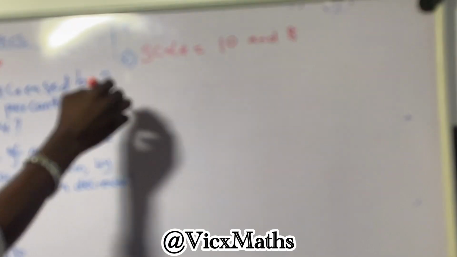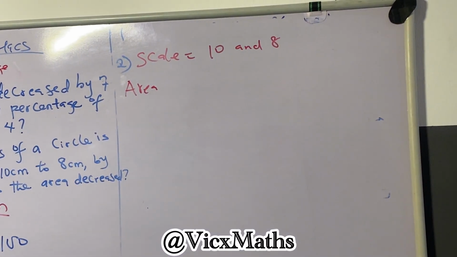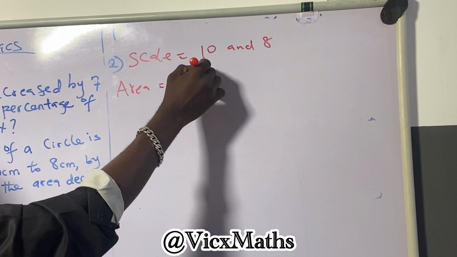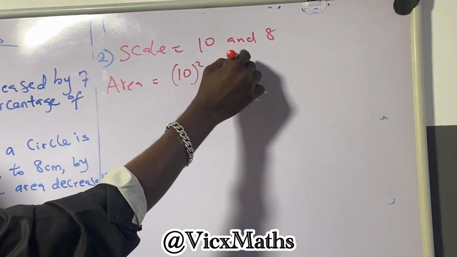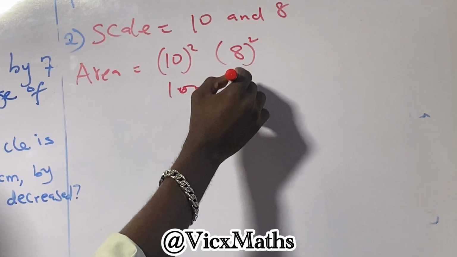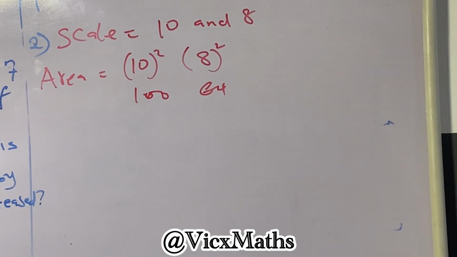Area has to do with squares, while volume has to do with cubes. The area factors are 10 squared and 8 squared, which will give us 100 and 64.